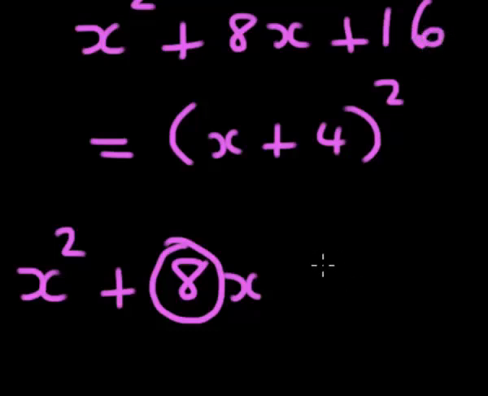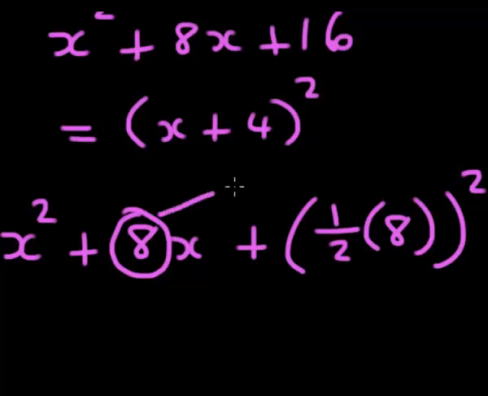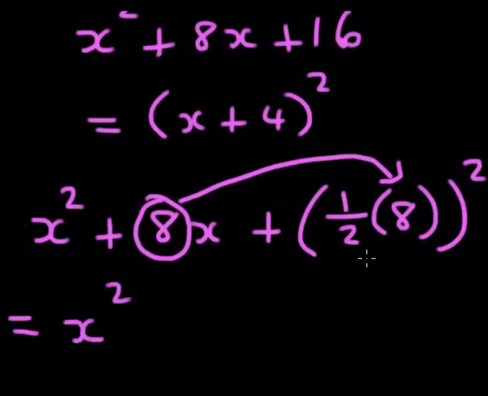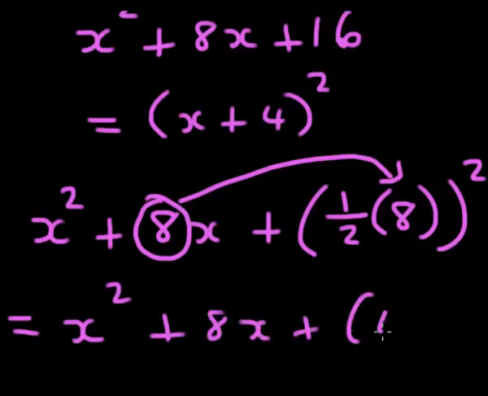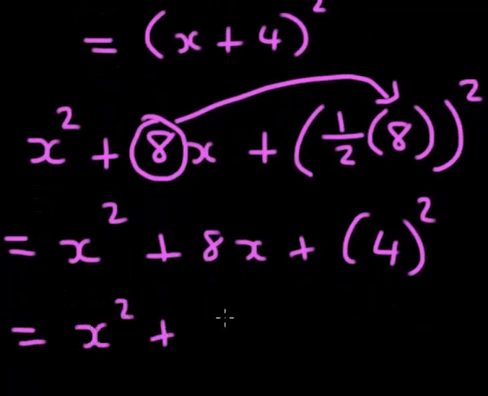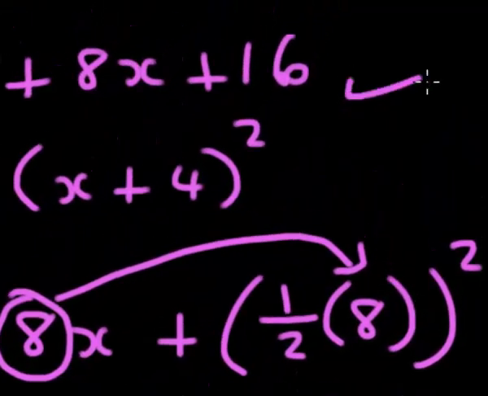If I write, now watch this, half the coefficient of x, squared. Look what happens. It's brilliant. You haven't really changed anything because a half of 8 is 4, squared. And guess what? That is the same as 16, which is precisely our perfect square. So there's a huge connection here.